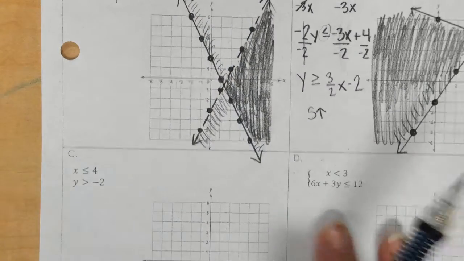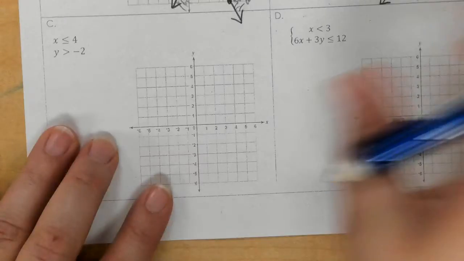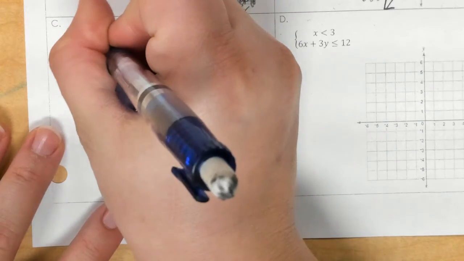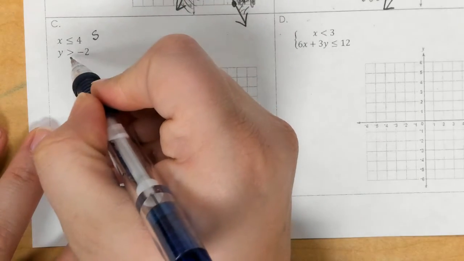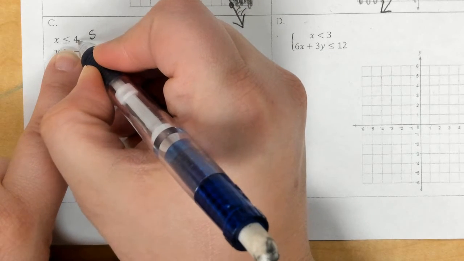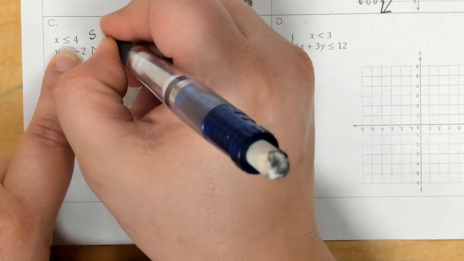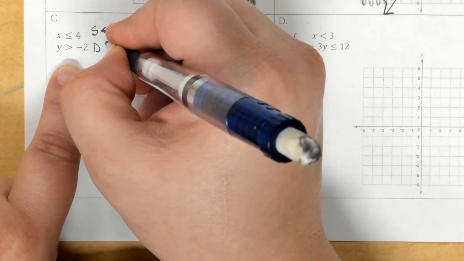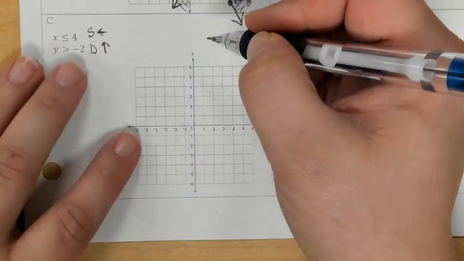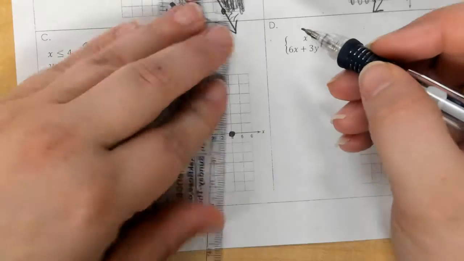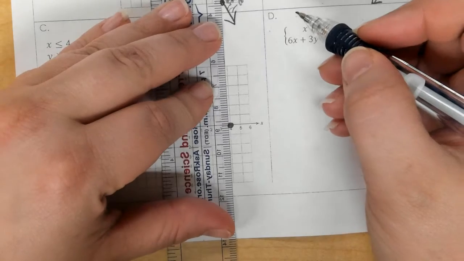In letter C, we have x is less than or equal to 4, so that's solid. Y is greater than negative 2, that's dashed. Now less than, because this is x less than or equal to 4, you have to shade to the left. And here for greater, we're going to shade above. So for 4, we would draw that solid line going through 4.